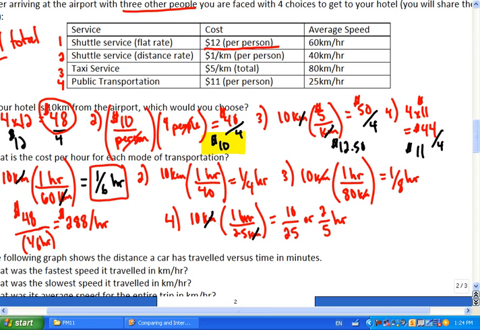For question number 2, it's going to cost us $40, and we're going to do this in 1/4 of an hour. So that's $160 an hour.